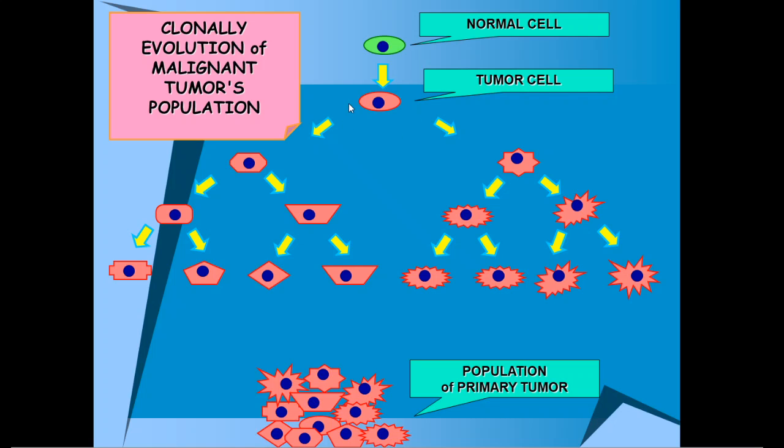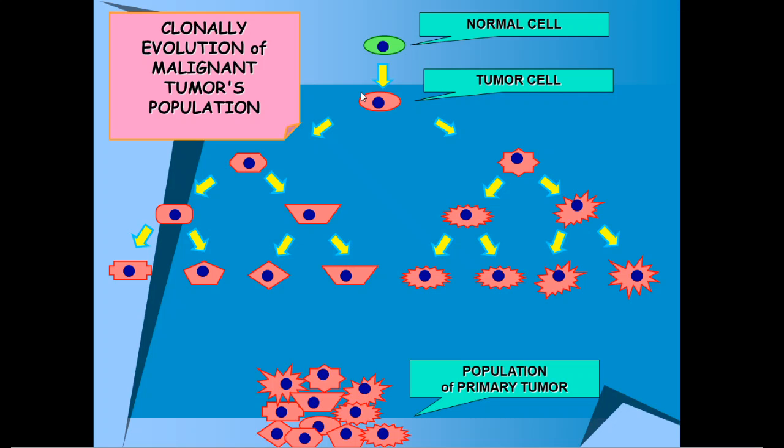This tumor cell, compared with a normal cell, has a different, but not absolutely different, DNA code. It's important.